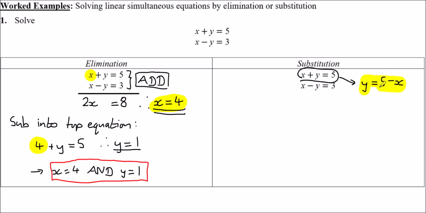Once you've made y or x the subject, we substitute that particular expression of y into the other equation. So now we substitute y equals 5 minus x into the bottom equation.